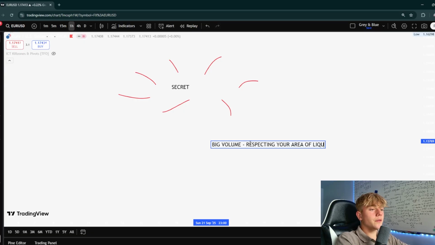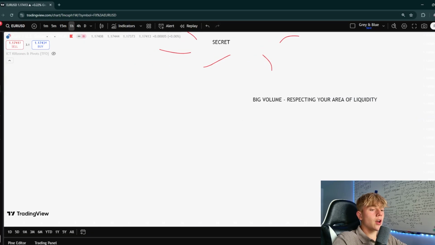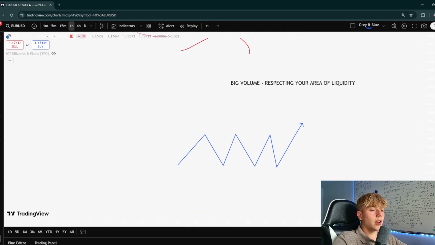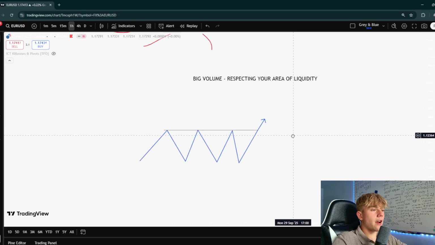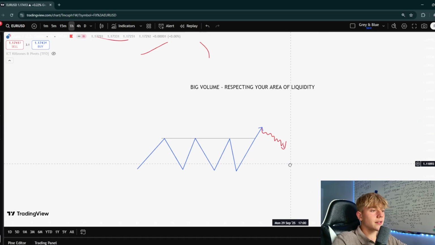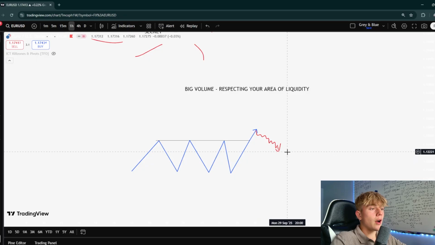Okay, so let's just say we had a range like this and we pushed out of this range above this area of liquidity. If price swept liquidity and then started slowly moving down like so, I would not class this as a liquidity sweep anymore because we have such boring and slow price action.